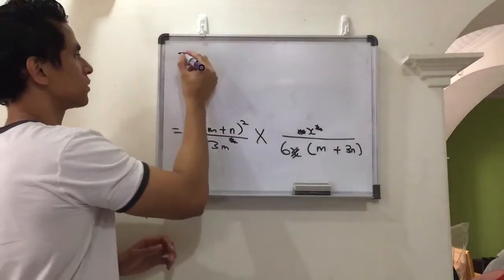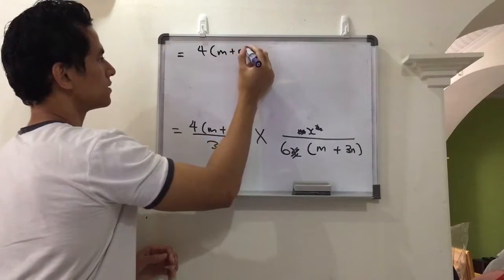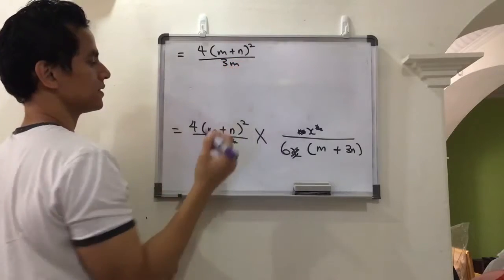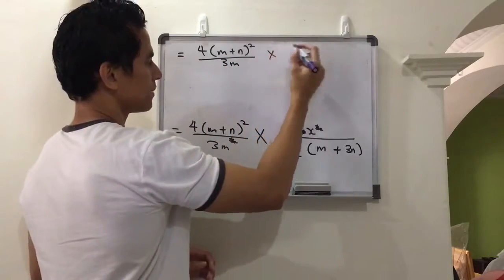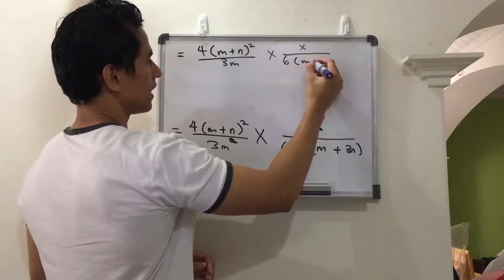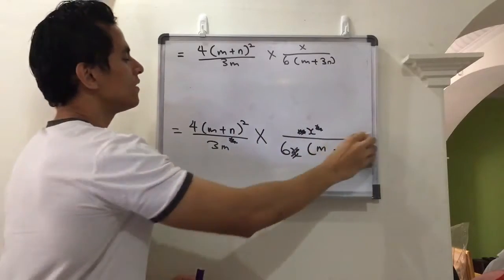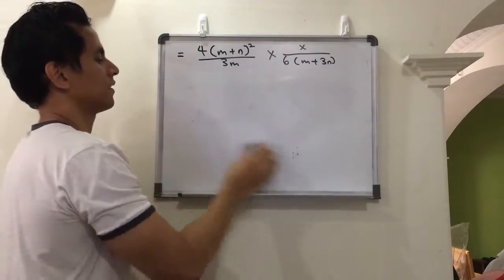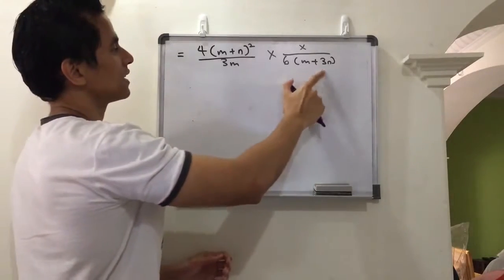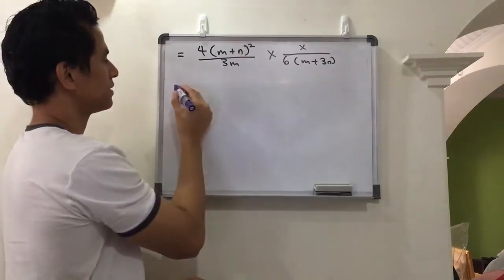I'll rewrite this step on top here, and let's see what we have. So it's just going to be equal to 4(m plus n) squared over 3m instead of 3m squared, multiplied by x over 6(m plus 3n). I'm just rewriting it so we can restart from here. And now, okay, let's see. There's not much cancellation we can do, right? Because this is m plus 3n and this is m plus n. So let's just go ahead and multiply and see what we get.